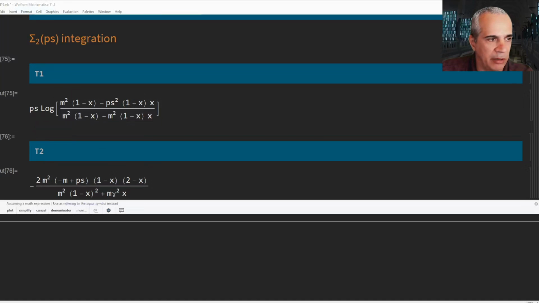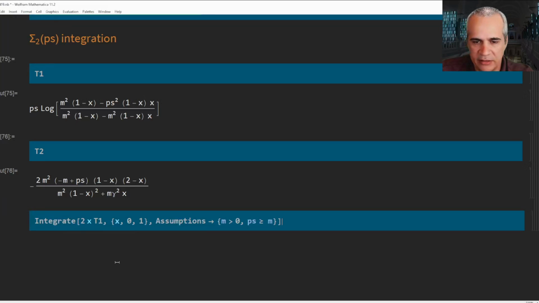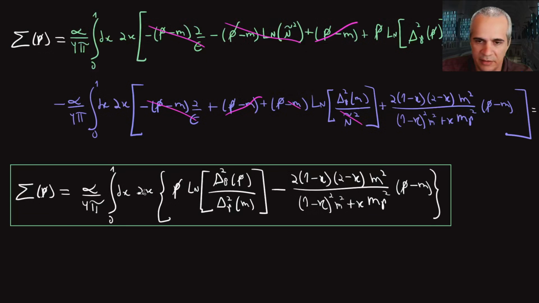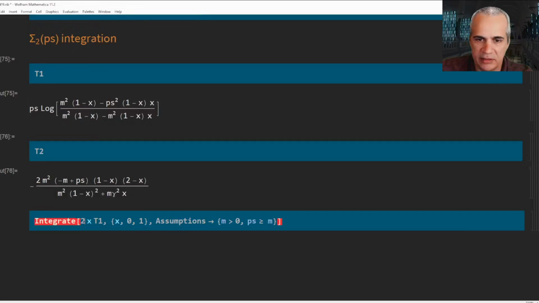In principle, I would have to give a command that looks like this. This is the integral of 2x times that term. Remember, there was a 2x outside here. There's a 2x multiplying term 1 and 2x times term 2. So that's what that 2x is doing there.